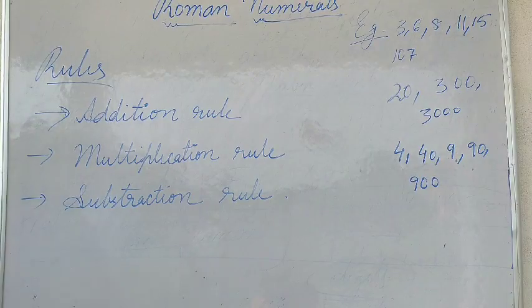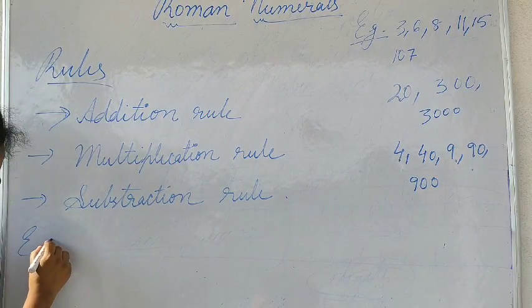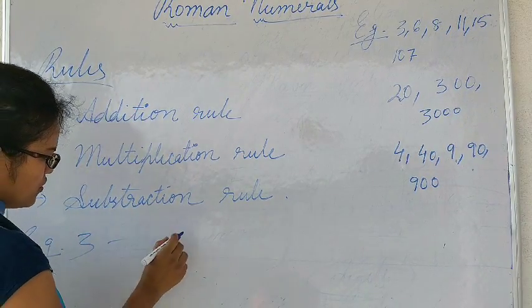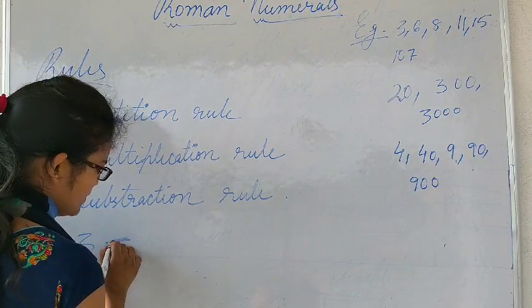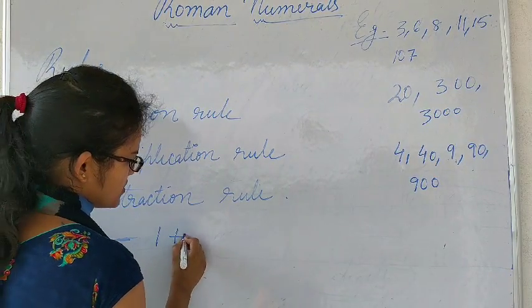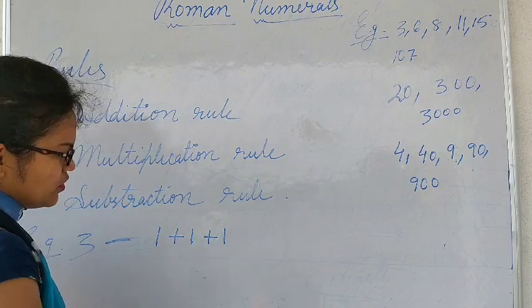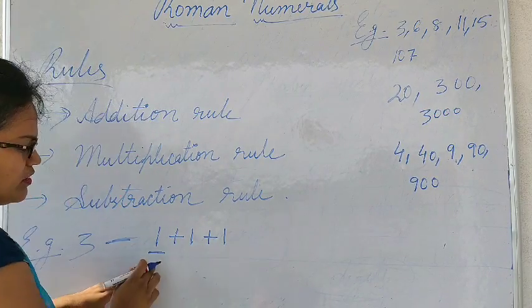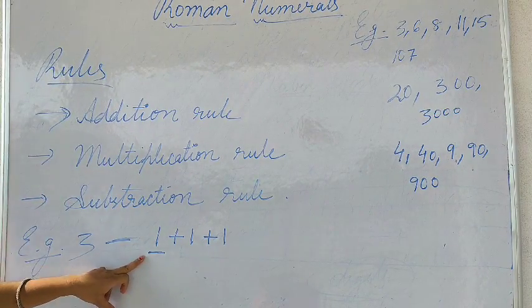So take the first example. This is 3. So how can we write 3? We can write 3 as 1 plus 1 plus 1. So what is the symbol used in Roman numerals for 1?